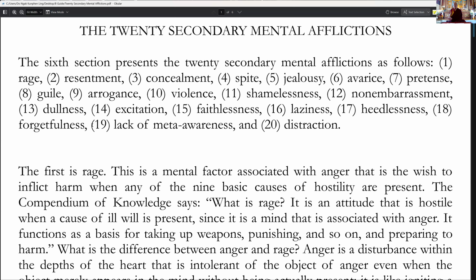Virtuous actions are never associated with a mental defilement. Okay? Only non-virtuous actions or neutral actions could be brought by the mental defilements.